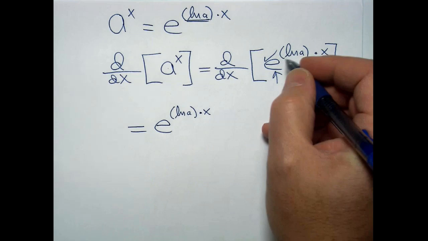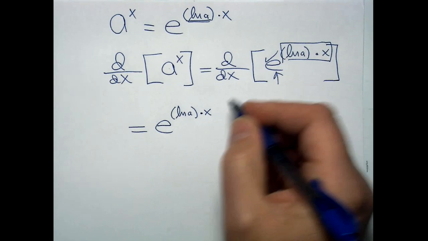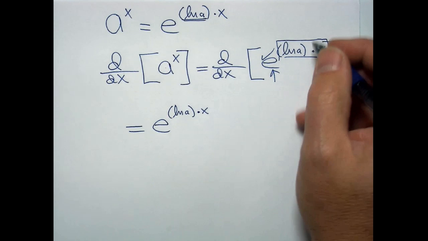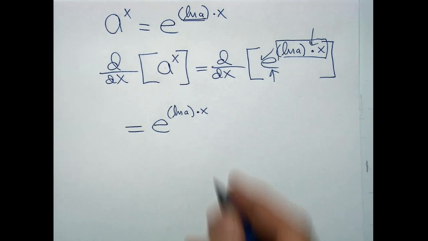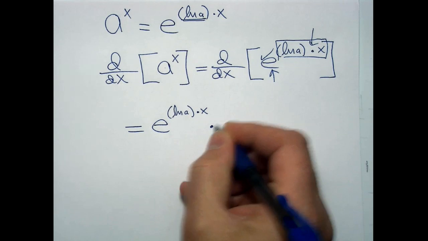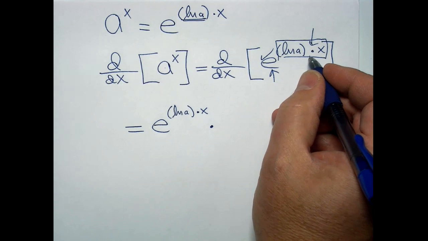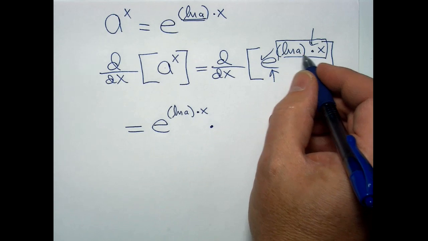But wait, we need a derivative of the inner function. Now, you might think you need a product rule here, but you do not. I'm doing a chain rule right now, and you're saying, okay, I need a derivative of this argument right here, ln of a times x. It seems like product rule, but it's not product rule.